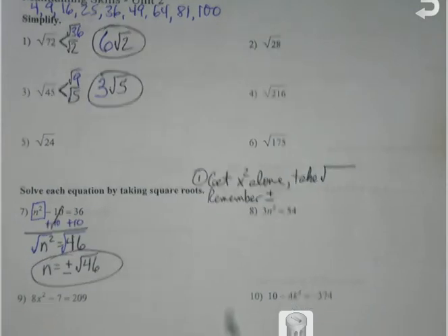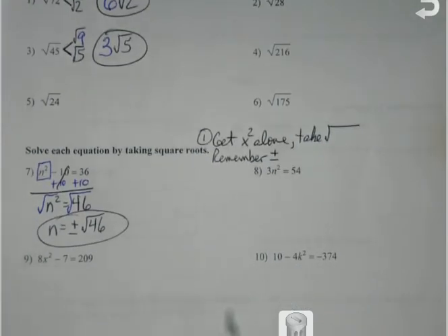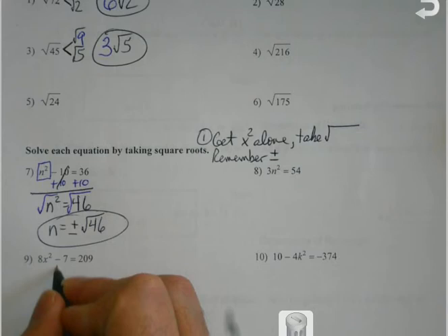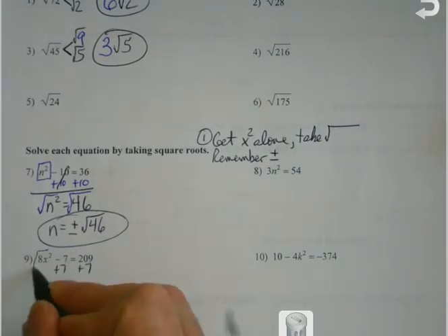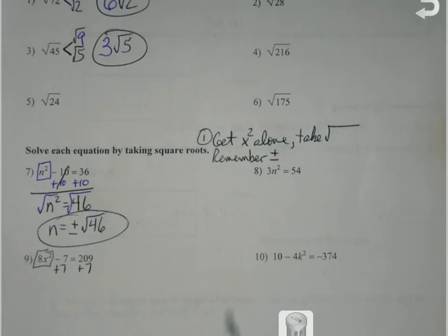If we do 9, it's basically the same idea. When I get down here, I can't divide first. It's always trying to isolate this first.